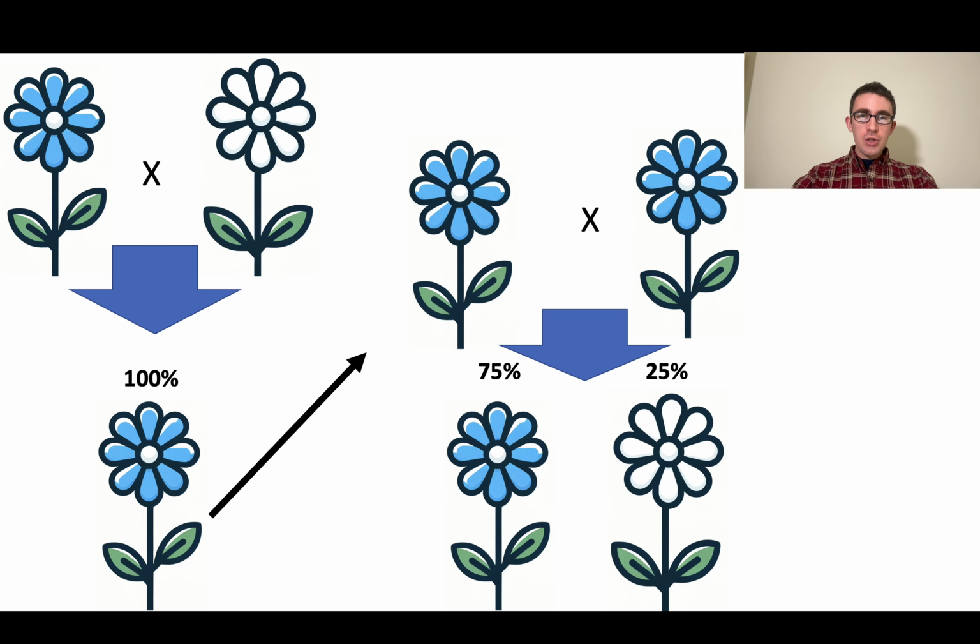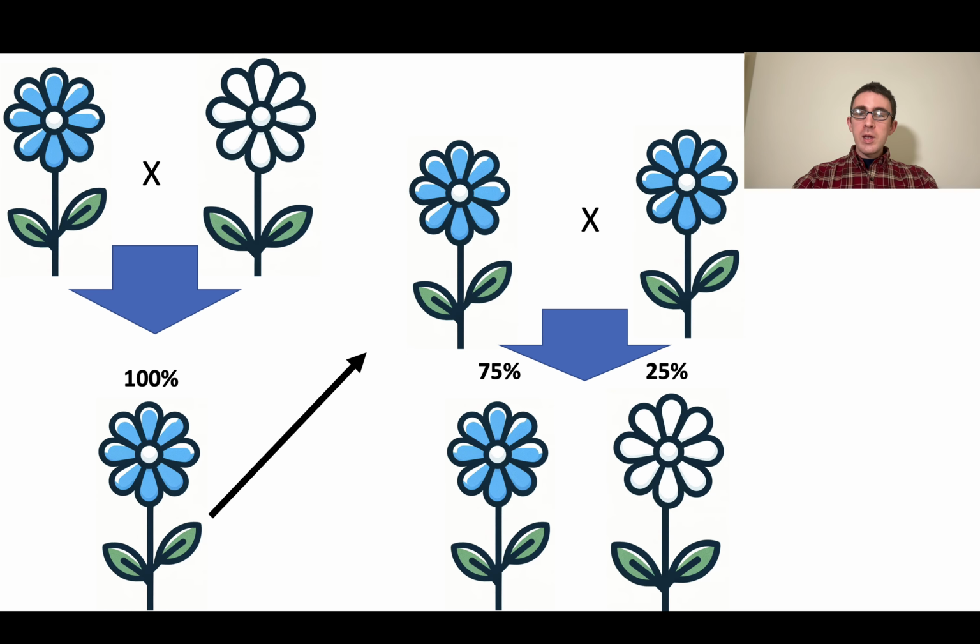That seems pretty strange, right? You crossed a blue and a white flower at first and got 100% blue flowers, but then you crossed two of those blue flowers and got a mix of colors, 75% blue and 25% white.